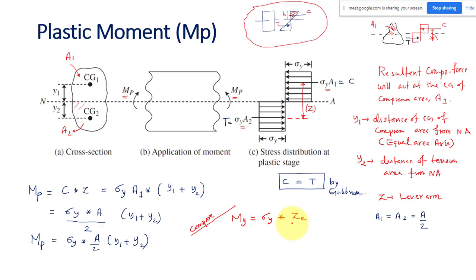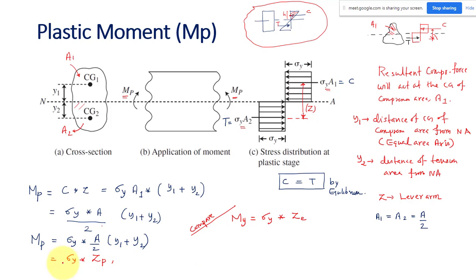If you compare these two equations, I can write this equation in this form. This term is common, so yield stress into, I can take everything as one term, so I will call that Zp.